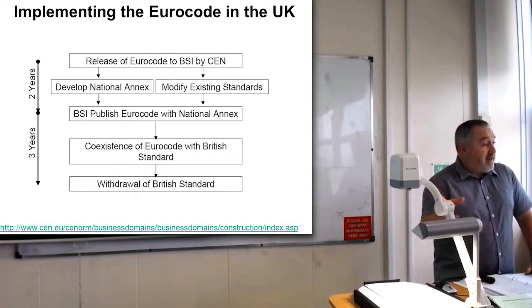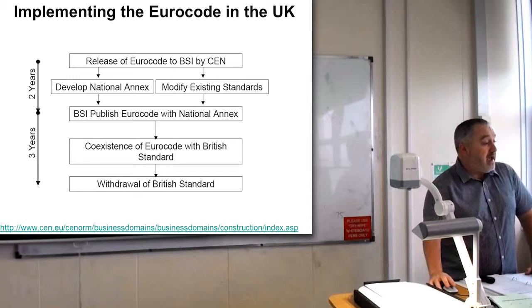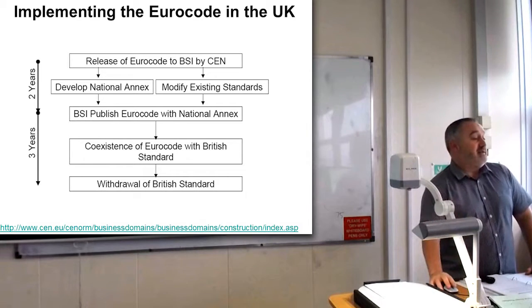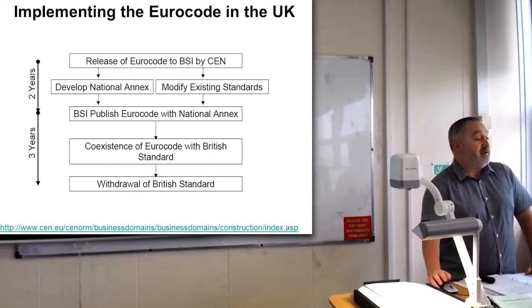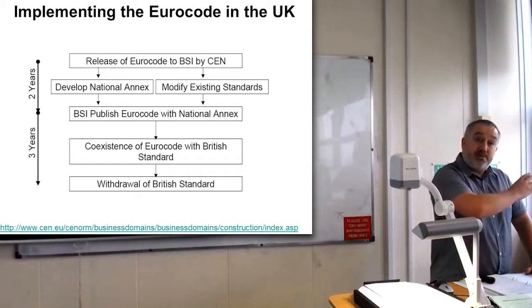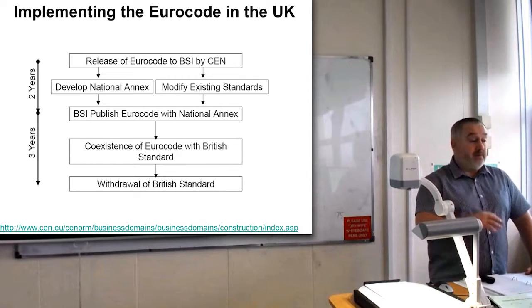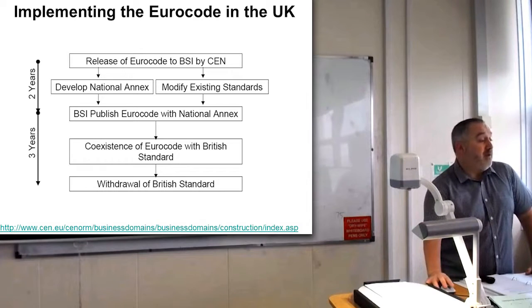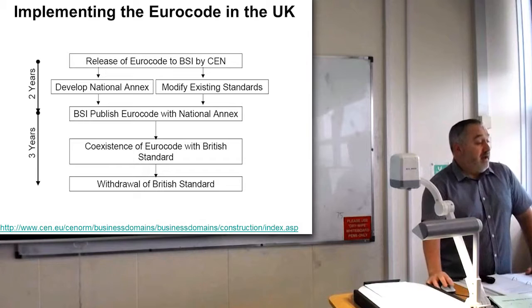So they're working together, produced something called the National Annex, which you'll find is our Britishness side to the Eurocodes. There's a little bit of modifying British standards, so we've possibly got rid of some, and those that are going to be remaining were adapted to suit the Eurocode.